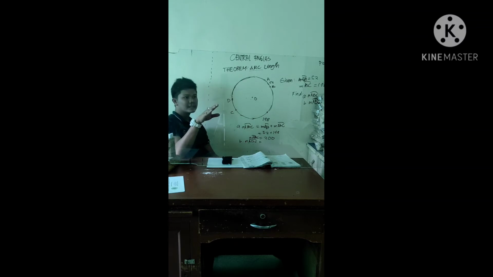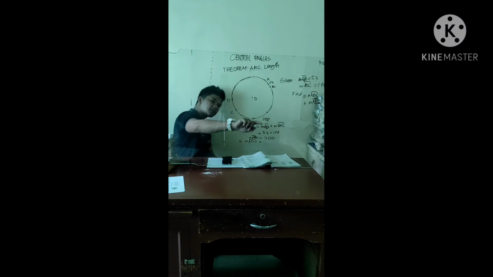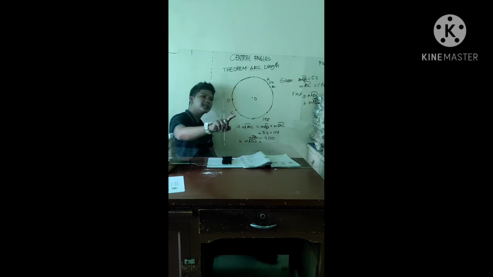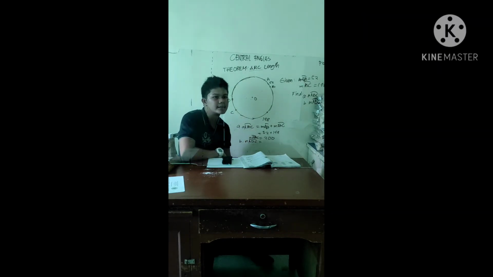So since hindi natin alam kung ano yung value ni DC at saka ni AD, so ang gagawin natin, ima-minus natin si measure of your arc ABC sa 360 para makuha natin kung ano yung remaining na angle measure.